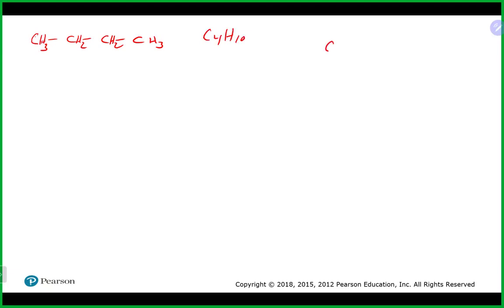We could also have this guy here, where maybe we do this. This is also, if you count it up, C4H10 in this case. So once again, they both have the exact same formulas, and they are isomers of each other.